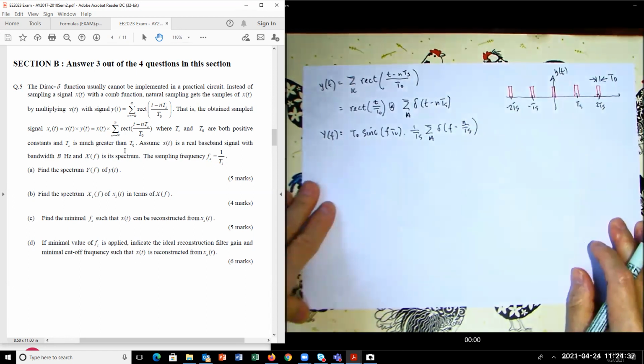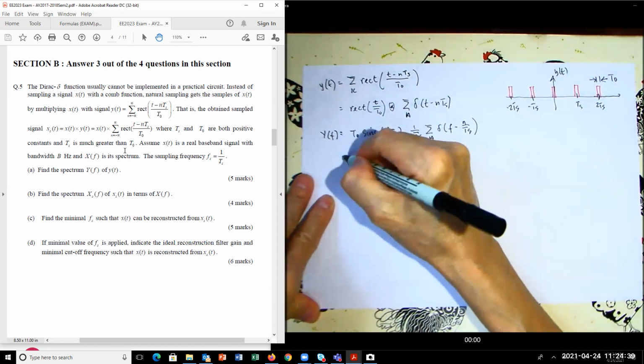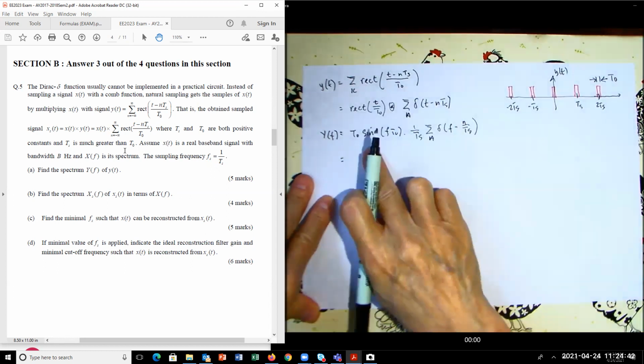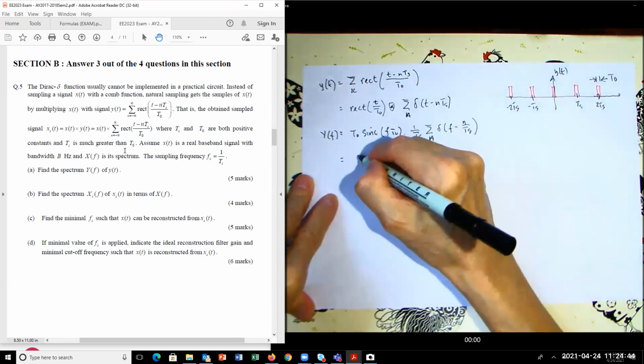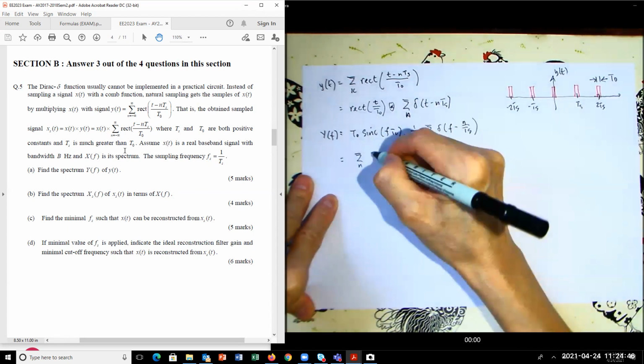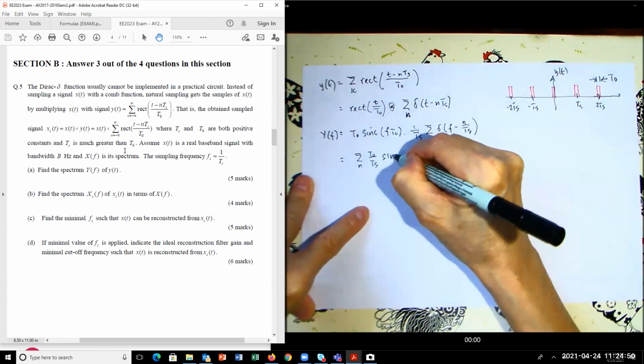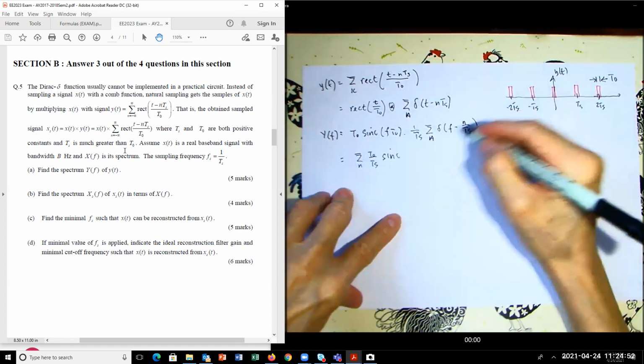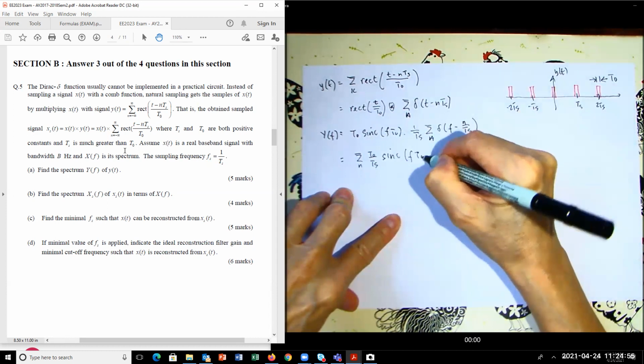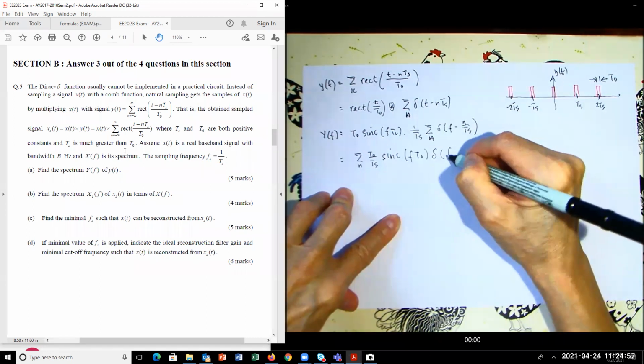I can clean this up and bring everything inside: summation over n of t0 over Ts sinc(f t0) delta(f minus n over Ts).